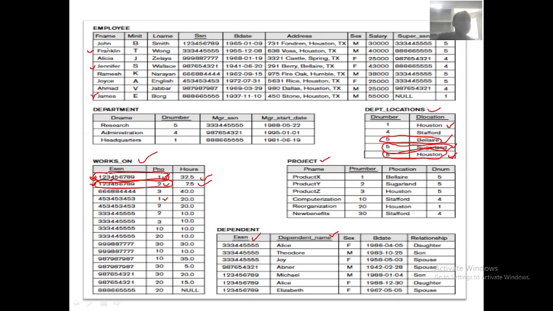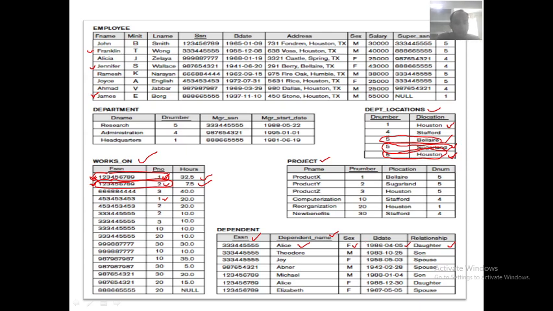Who is that? He is Franklin. For him, who are all the dependents? See here now, Alice, dependent name, sex is female, her date of birth is 1986 April 5th, and she is the daughter of that Franklin.